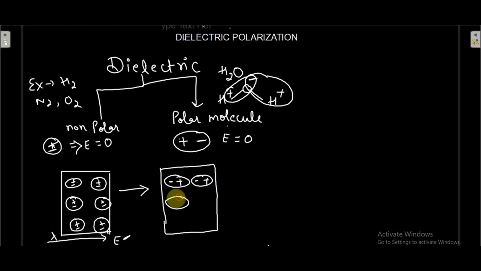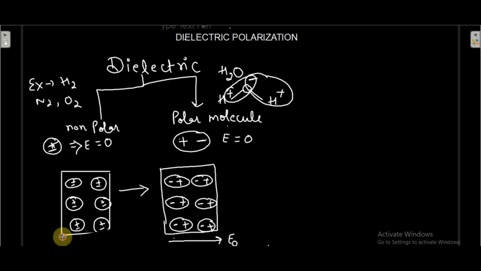This is due to the effect of the external electric field. I will draw this electric field here so the diagram will be clearer. This is your external electric field.